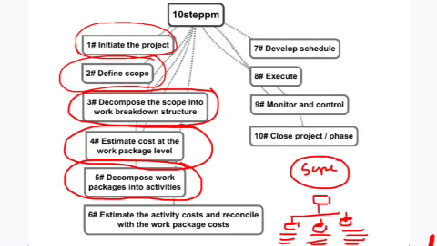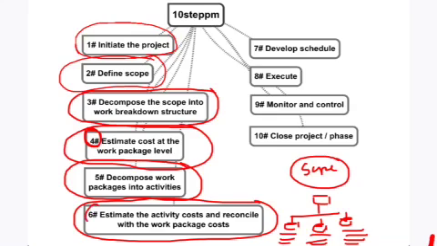Once we know the activities, we estimate the effort requirement at the activity level. Since they are the lowest level, the finer granular level, when we estimate, we can estimate them more accurately. And after estimating at the activity level, it is a good idea to reconcile these activity level estimates with the work package level estimates, which we got at step 4.